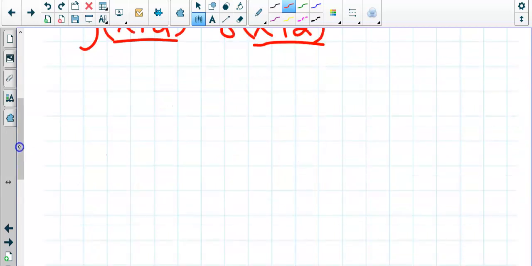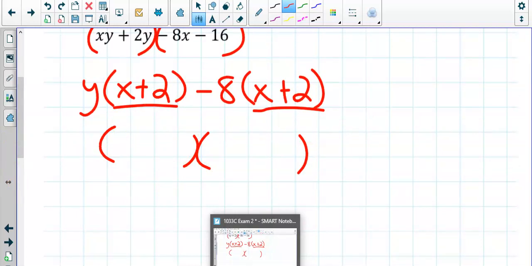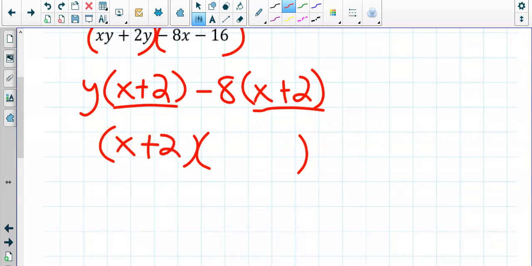So, last but not least, we create our two parentheses. Because now you have everything. One of your parentheses goes the repeat. The other parenthesis goes your two GCFs. So, what do you want to put in the first parenthesis? The repeat. So that's x plus 2. So who are my GCFs?